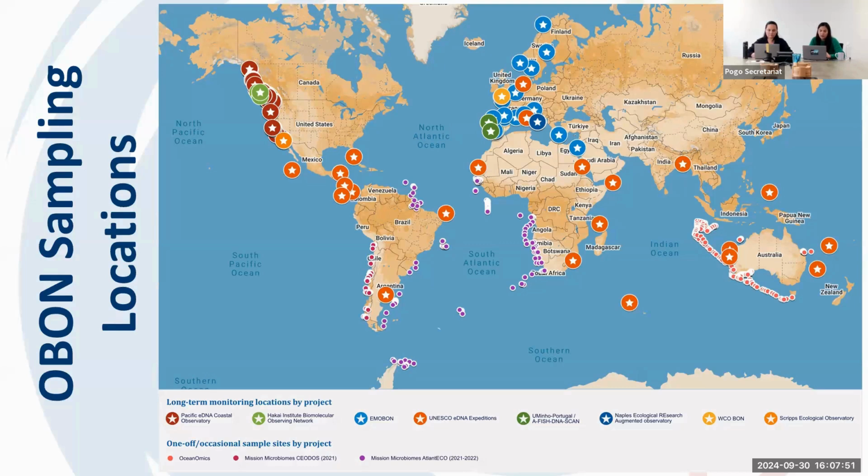But we keep participating in the calls for new projects and encouraging more open ocean initiatives to join us. So if you're involved in or aware of any initiatives that could fill some of our gaps, for example, in the Pacific, in the Southern Ocean, around Antarctica, please get in touch with us.